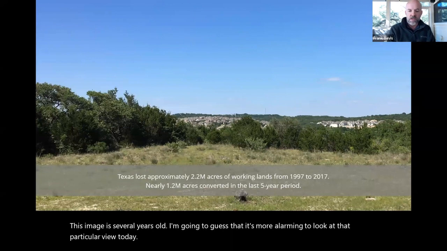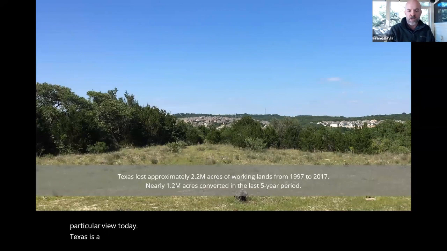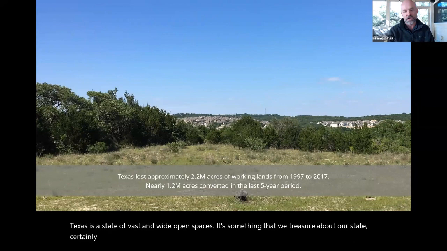Texas is a state of vast and wide open spaces. It's something that we treasure about our state, certainly. But we are also losing agricultural land and open areas and natural areas at a rate that exceeds any other state in our country.